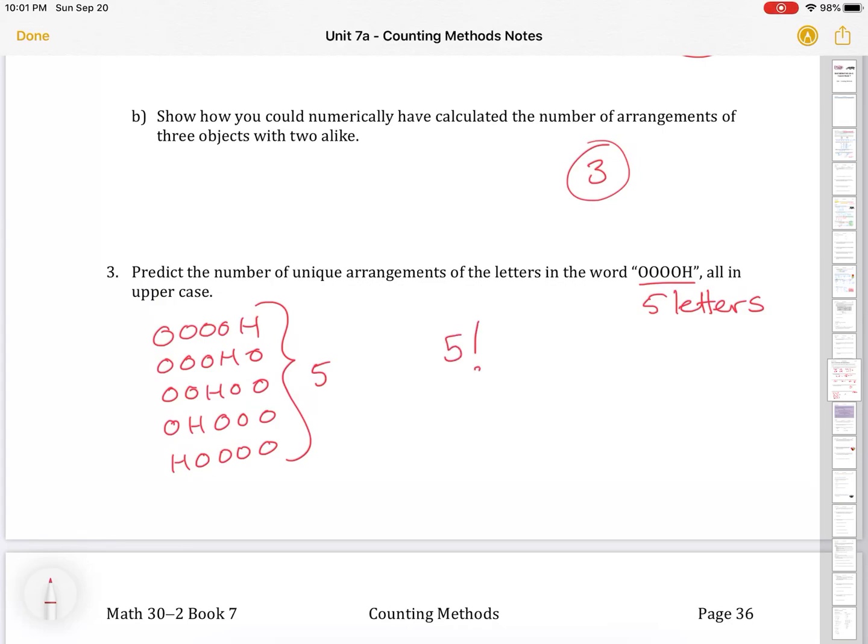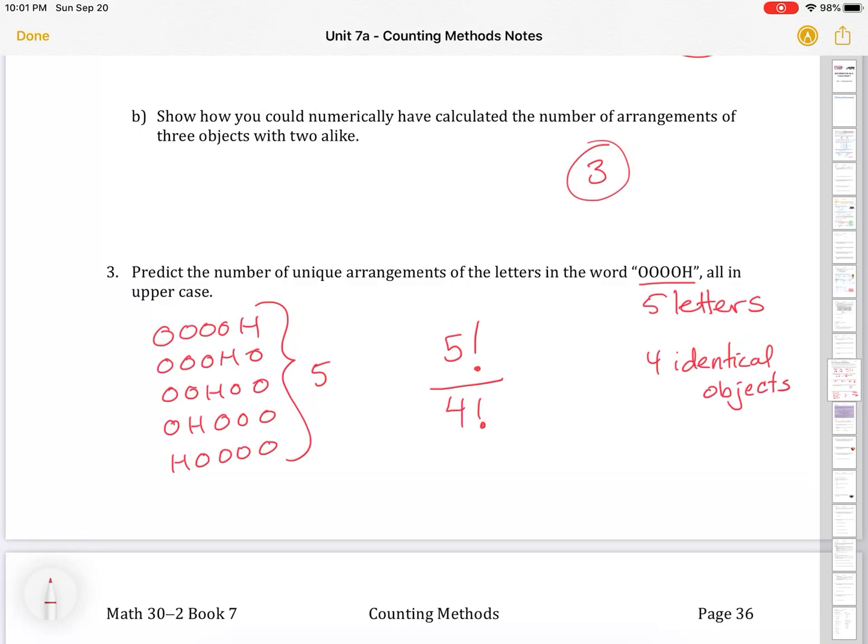When we have identical objects, we think how many objects we have, and that will be 5 factorial. And then we have to say how many are duplicates. Well, in this case, we have 4 identical objects. So we put that underneath.